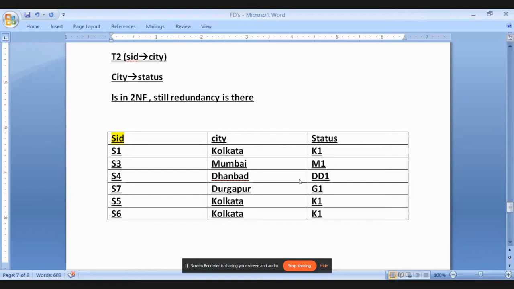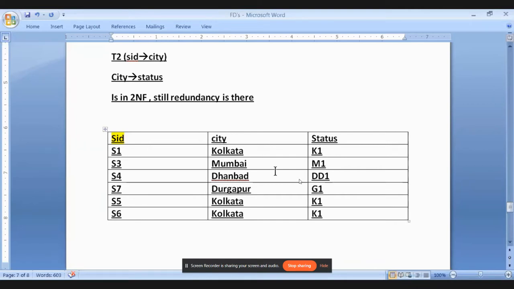So when a person queries what the status of Kolkata is, what will it show? It is inconsistent data, which is not possible here. According to the problem, a city can have only one status, not more. So it was an inconsistency due to redundancy.